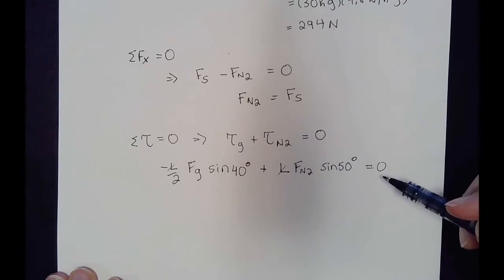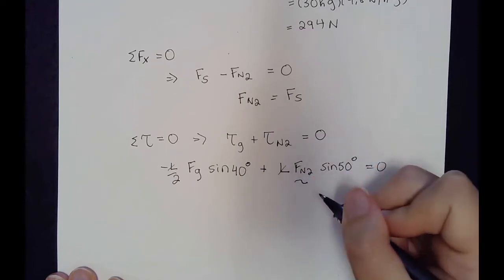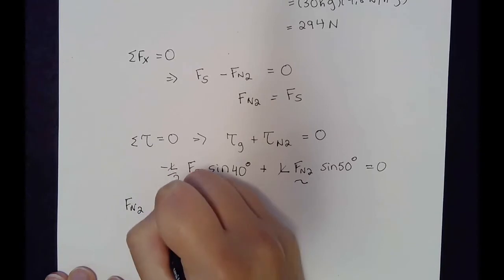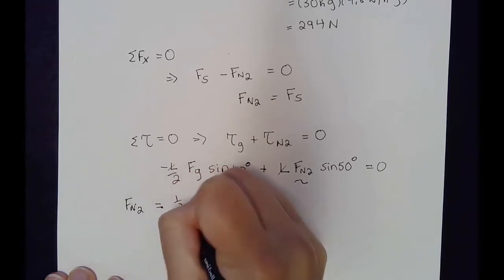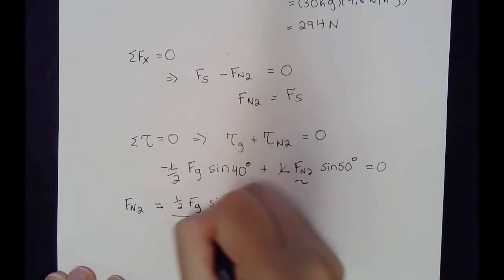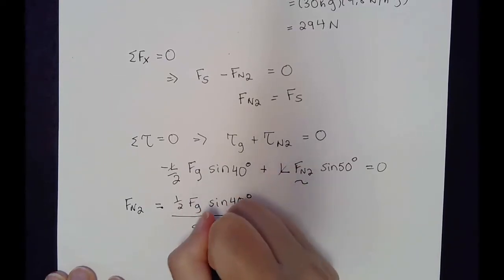And then we can solve for the unknown, which is Fn2. So I get Fn2 equals 1/2 Fg sine 40 divided by sine 50.